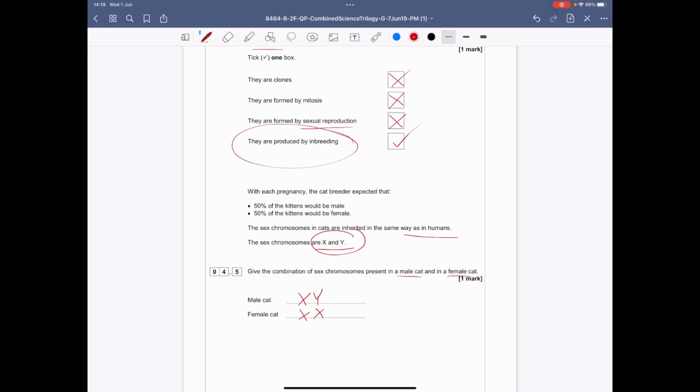Remember, it's our 23rd chromosome that determines our sex. You can either inherit a Y chromosome or an X chromosome from the sperm, and it's the sperm that decides whether you're a male or female. If that sperm has a Y chromosome that gets into the egg, you'll be male. If it has an X chromosome, you'll be female.